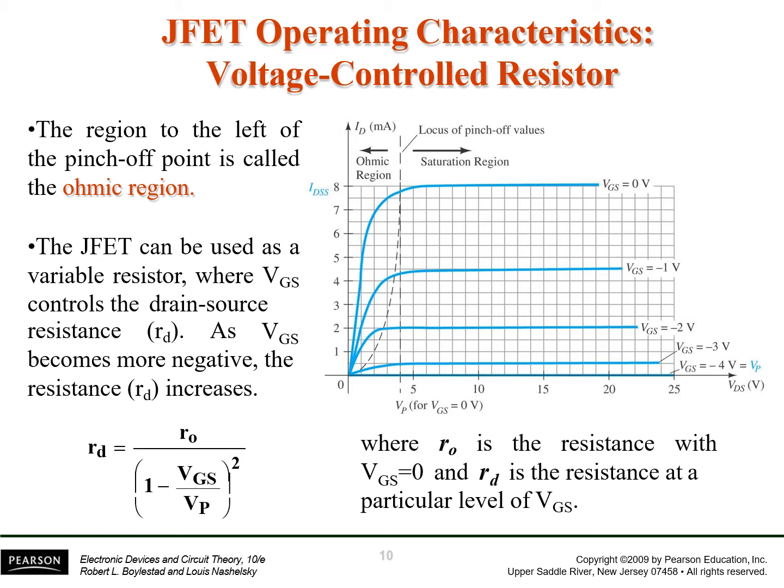Now, the JFET can be used as a variable resistor also, where VGS controls the drain source resistance RD. As VGS becomes more negative, the resistance RD increases, right? RD is equal to R naught over (1 minus VGS over VP) whole square, where R naught is the resistance with VGS equal to 0, and RD is the resistance at a particular value of VGS.